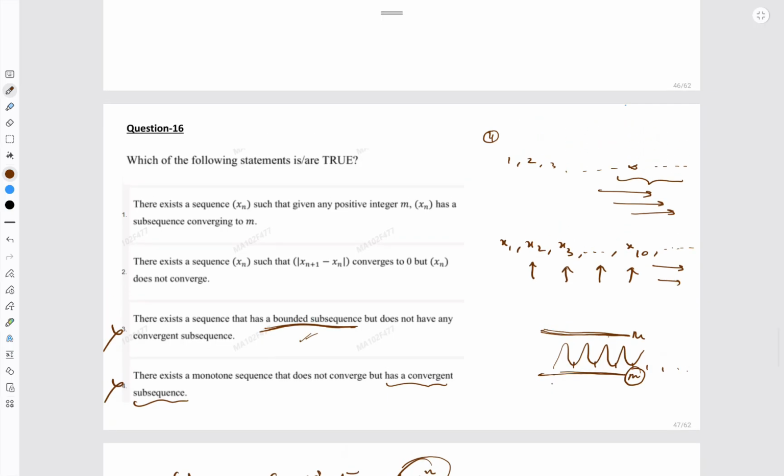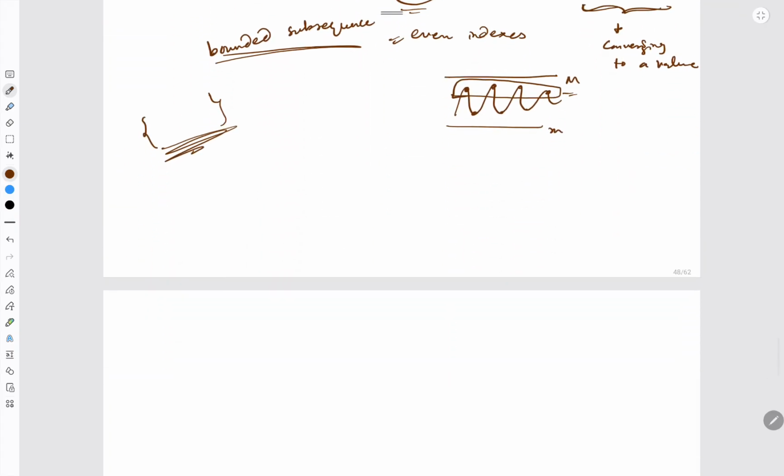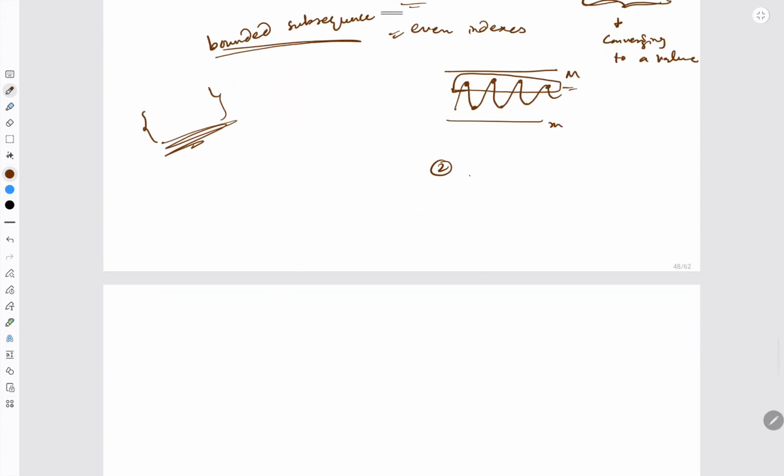Next, option 2: there exists a sequence such that the difference is converging to 0 but xn does not converge. A sequence is convergent means the limit as n tends to infinity of xn exists and is finite, right?